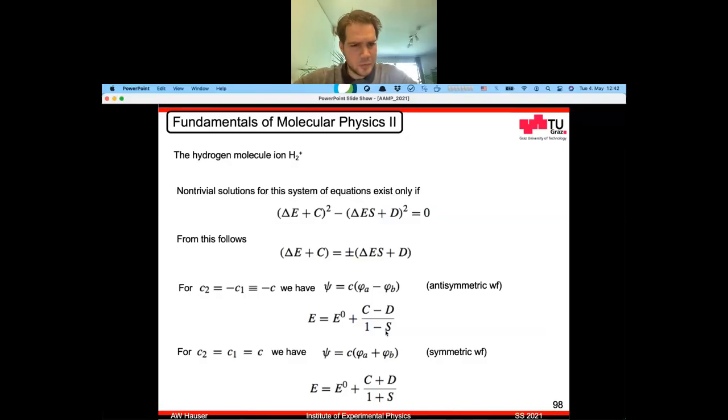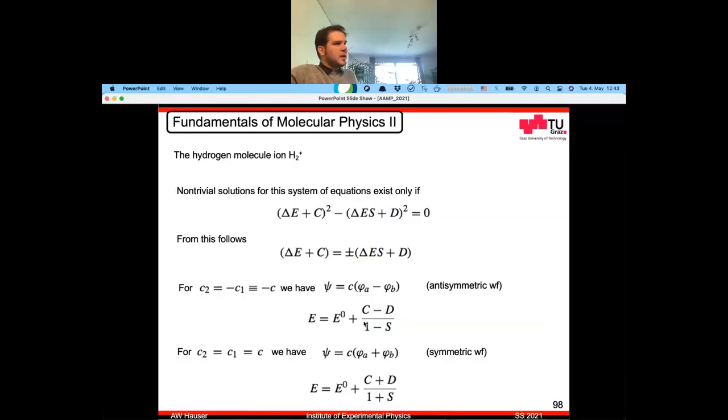And the other solution for C1 equals C2, so we have a constant C multiplied by the sum of phi A and phi B. So this is obviously a symmetric wave function, meaning that if you make a particle exchange, in this case we have only one electron.